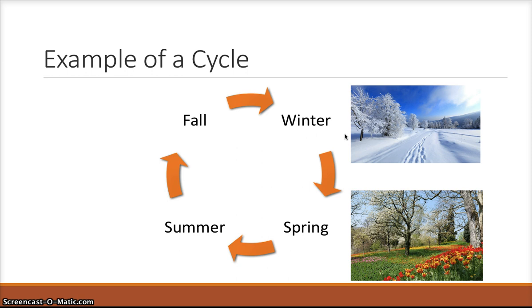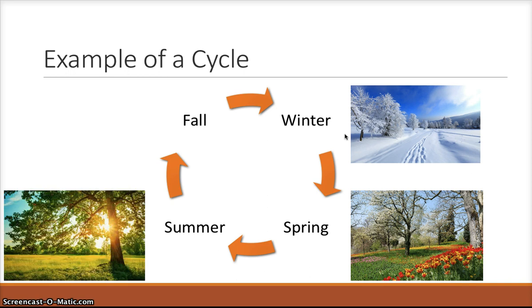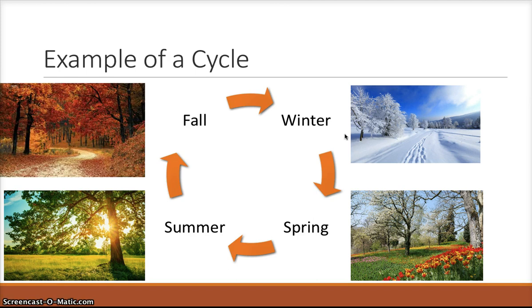But then every year, believe it or not, it will turn to spring. There's going to be leaves on the trees again. There's going to be flowers coming up. And that will turn to summer. And in Minnesota, summer lasts June, July, August, and a little bit of September. And then we'll go to fall again, where we started the school year last year. And then we return to winter.